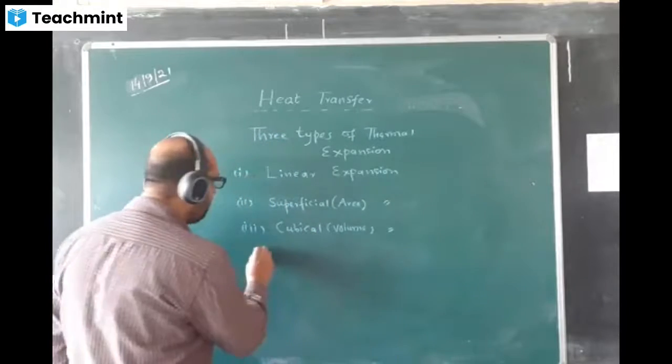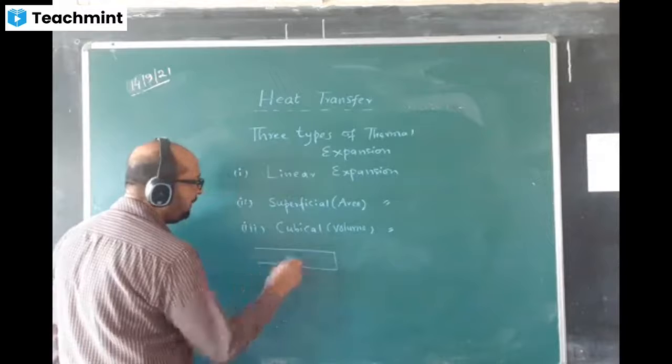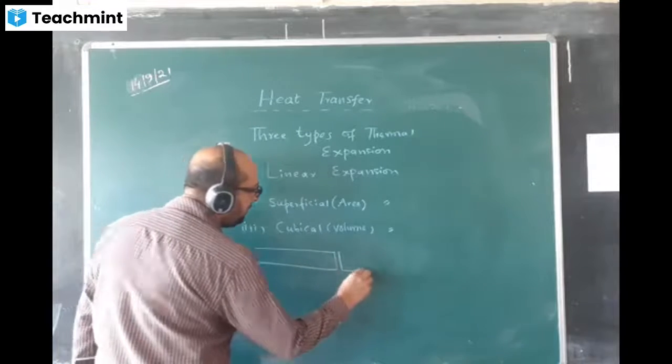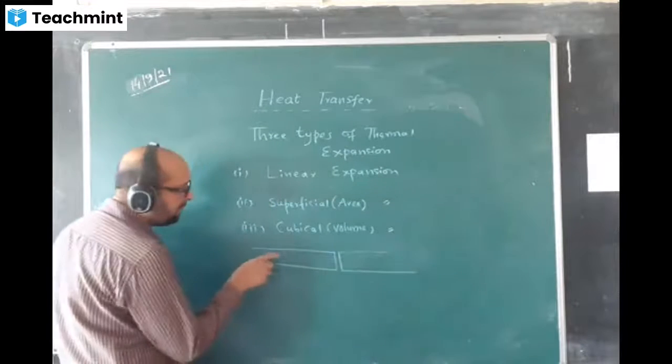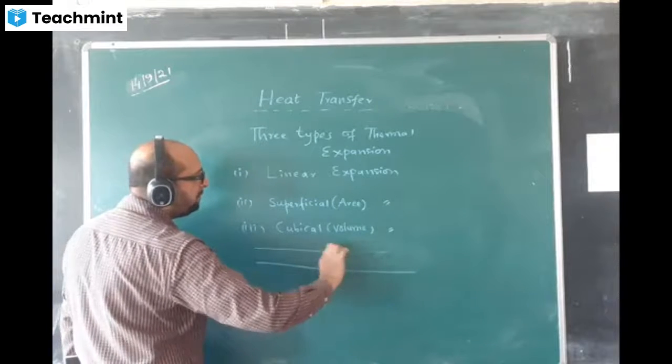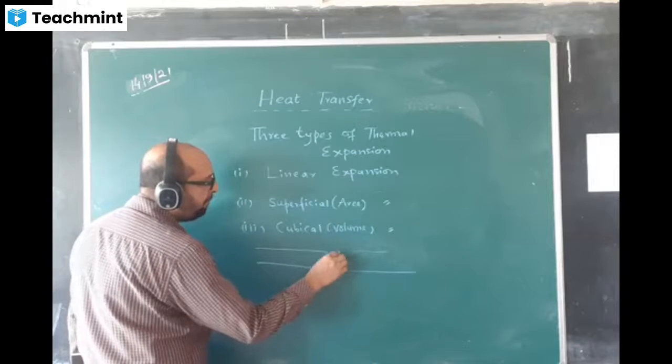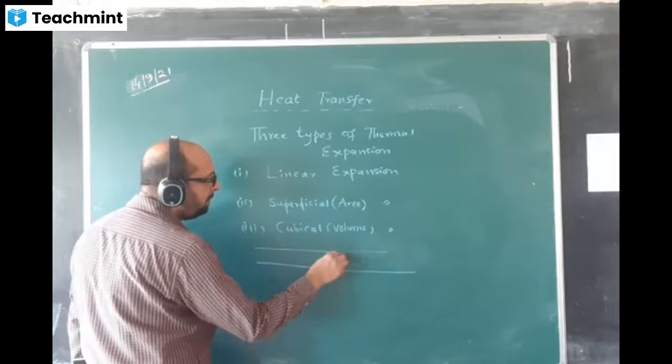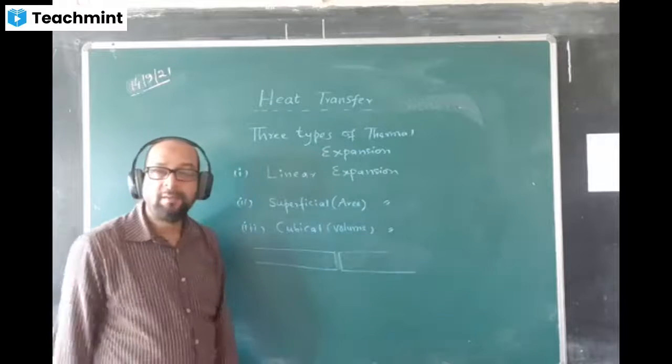Once again, if between one track and another track there is a gap here, then during summertime this will expand, this side also will expand, lengthwise. So this gap will be filled with the extended length.